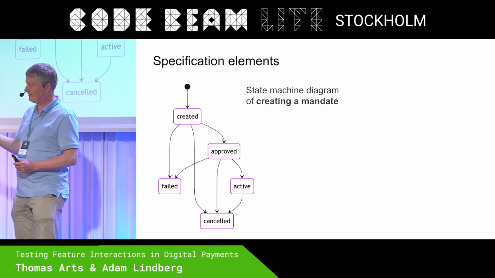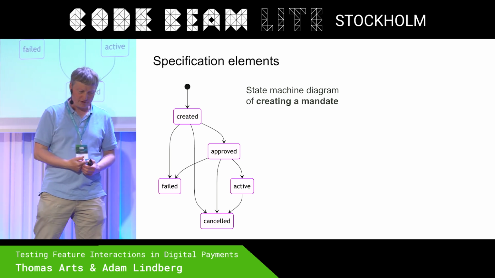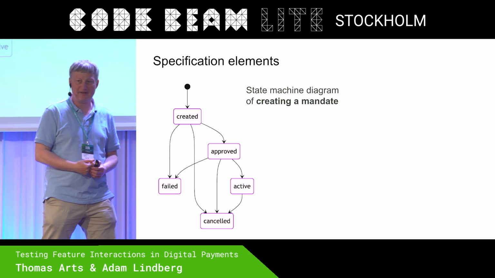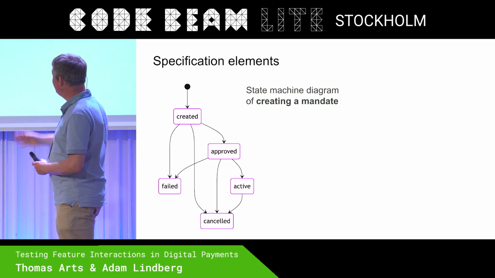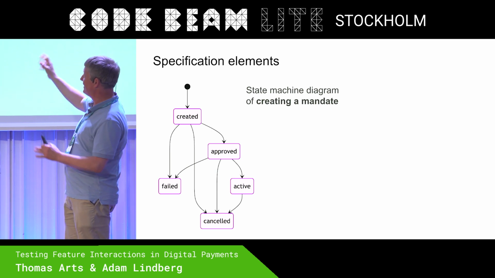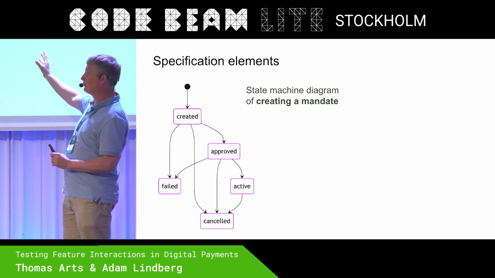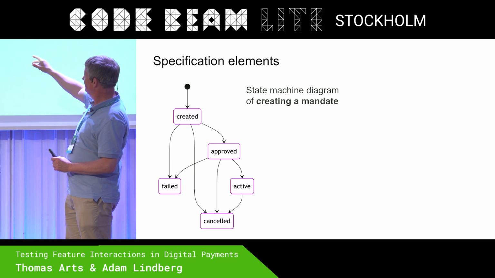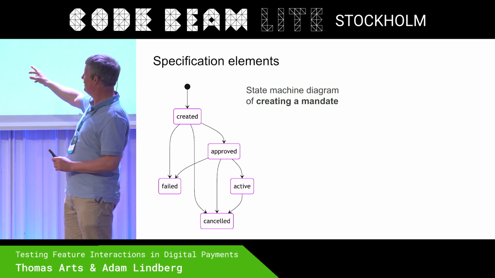And in Kivra, we found these nice pictures of state machines of what should be happening with a mandate. Typically, when you create a mandate, you are connected to some kind of Trustly, and then you have to approve the mandate, and when you have approved it, it can turn into active.